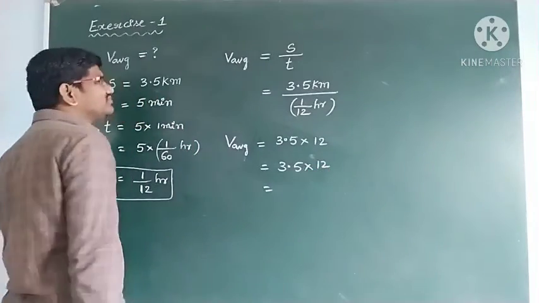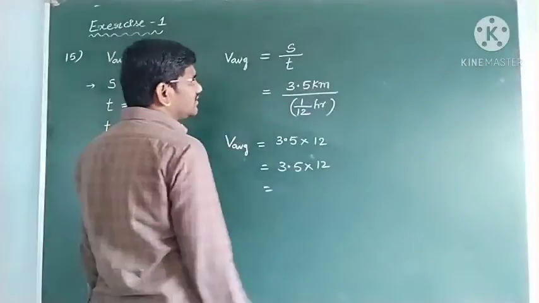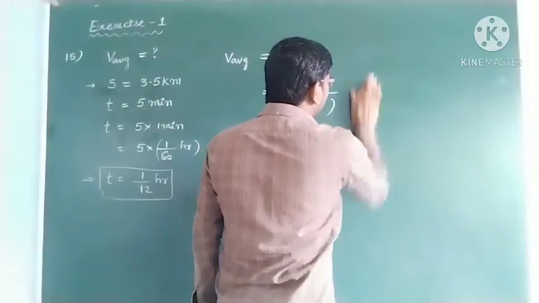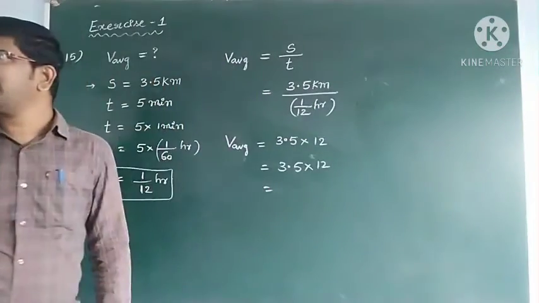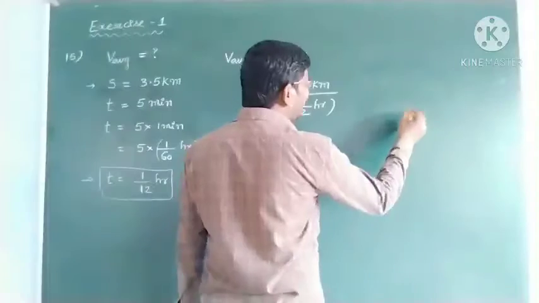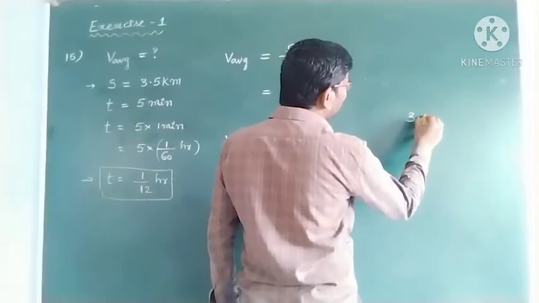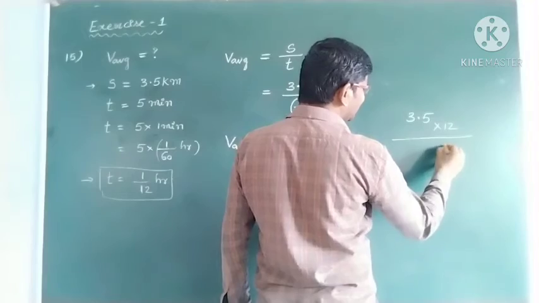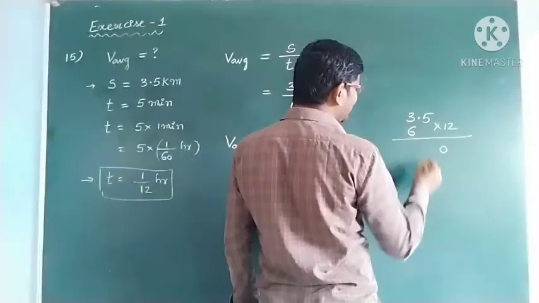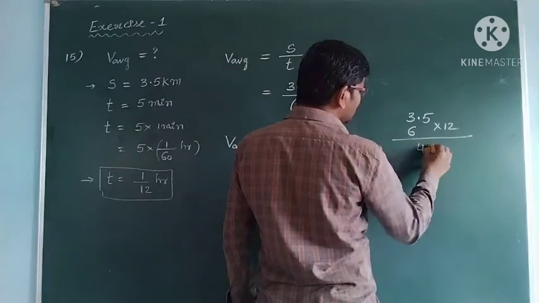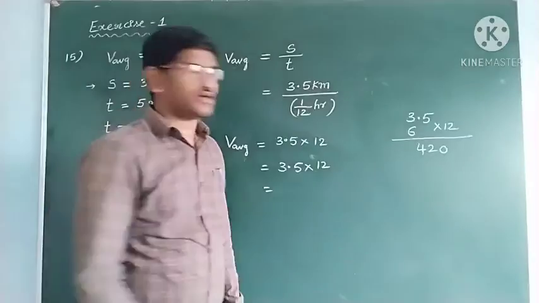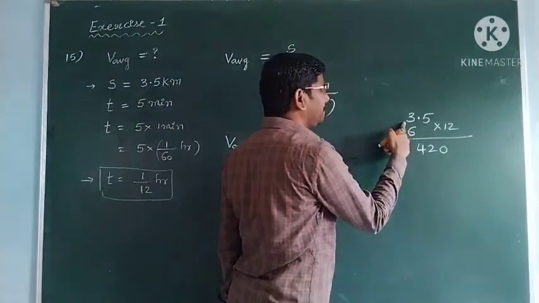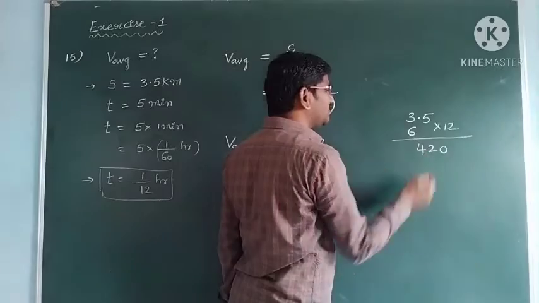Okay students. Then multiply 3.5 with 12. So what will I get? You see 3.5 into 12. 12 5s are 60, 0. 12 3s are 36. 36 plus 6, 42.